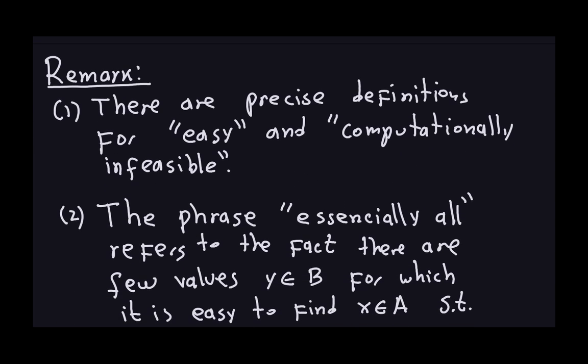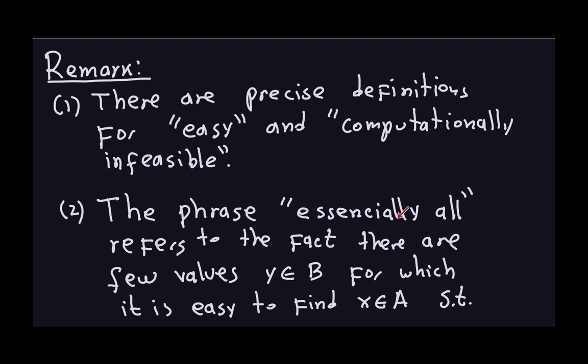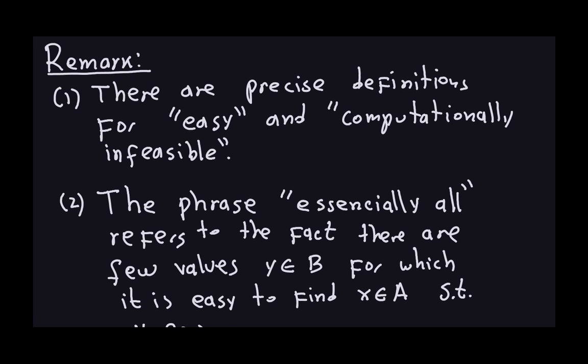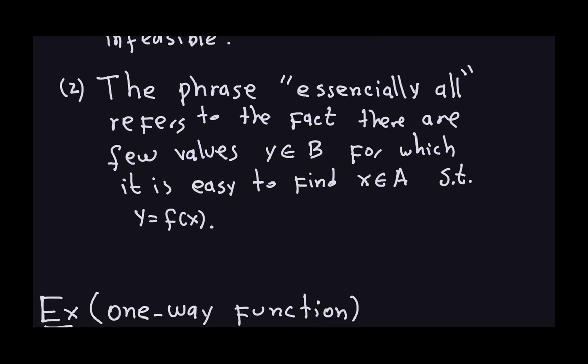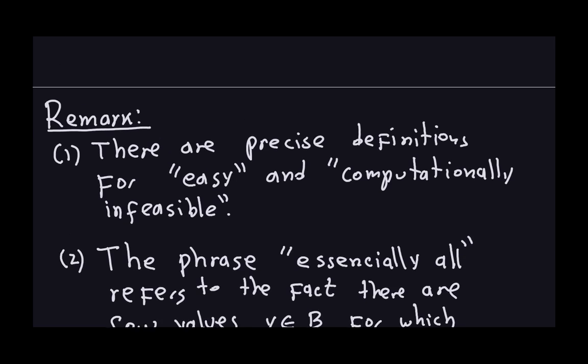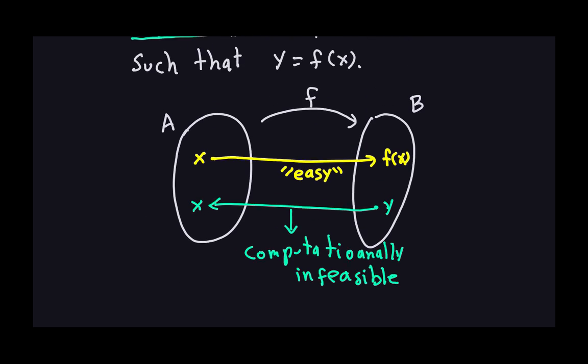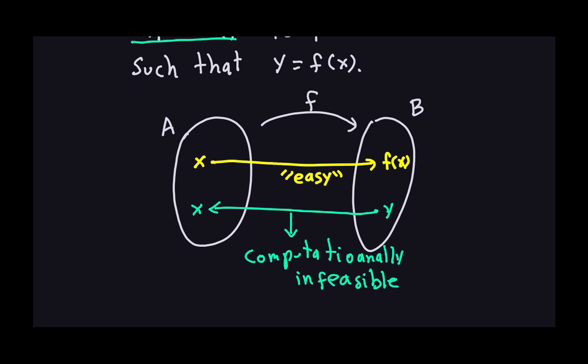The second observation is this: the phrase essentially all, which is in the definition, refers to the fact that there are values here in the image for which it is easy to find the pre-image. So basically what it means is this. Let me go back here to the definition. Essentially all doesn't mean that it's computationally infeasible for all the elements in the image.